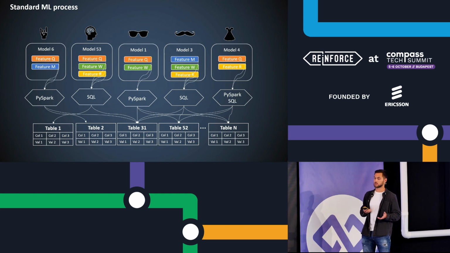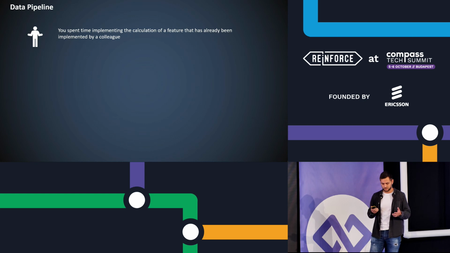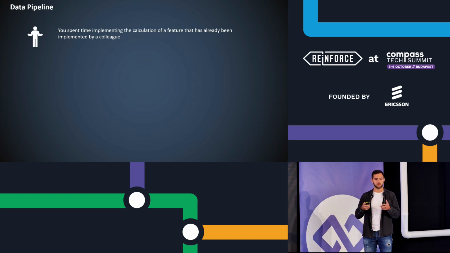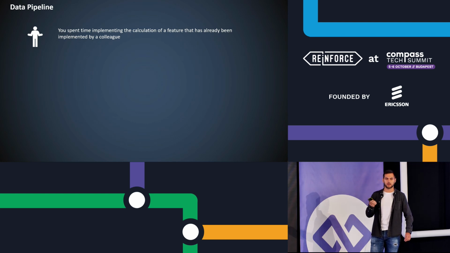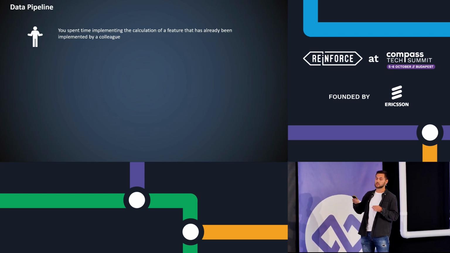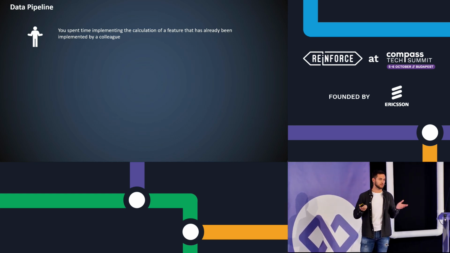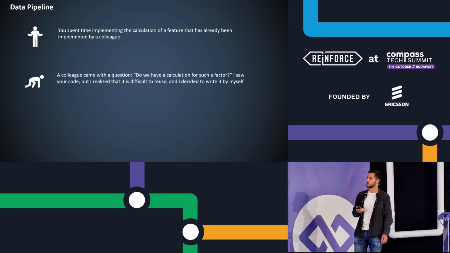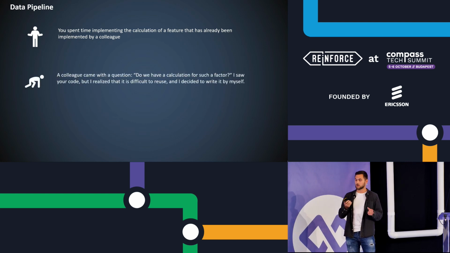And this is what we can think of, and try to understand what problems and causes we have. The first problem of this method is that you spend time developing a feature which has already been created by another colleague. This is a super typical situation. The second: a colleague comes to you with a question, hey, do you have a calculation of such a factor?